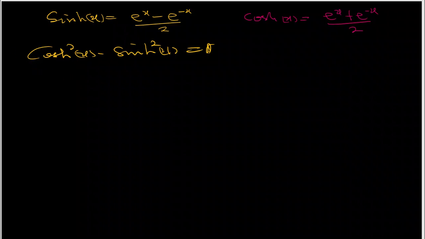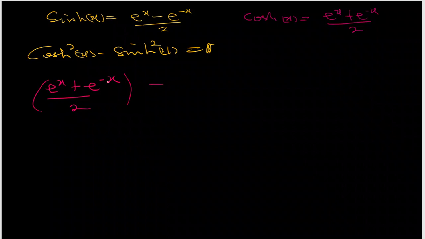So cosh square x will be e exponent x plus e exponent minus x all over 2 squared, then minus the sinh square x, that is e exponent x minus e exponent negative x all over 2 squared.